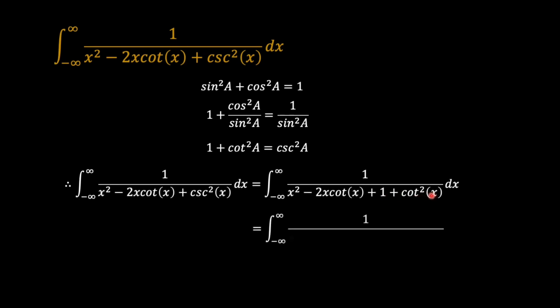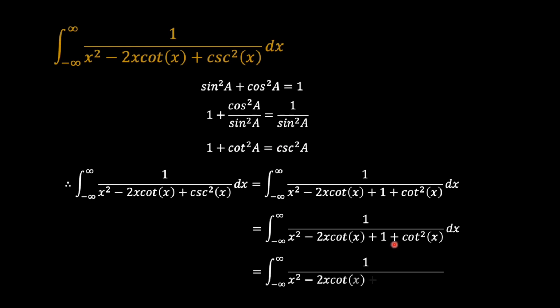Now we can rearrange a little bit, bringing cot closer here, and I haven't really done anything there, but we bring cot squared x closer, and we can see that these first 3 terms in the denominator come from a binomial expansion of x and cot x.